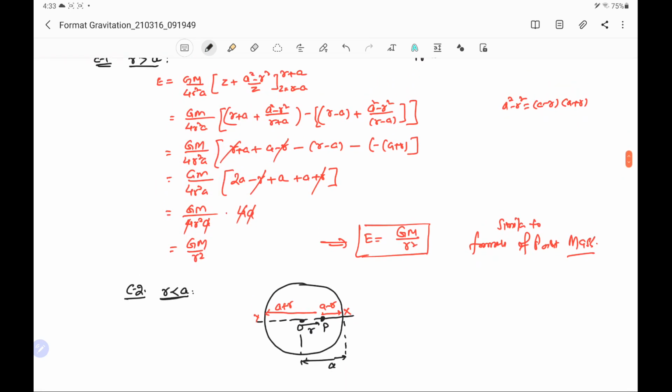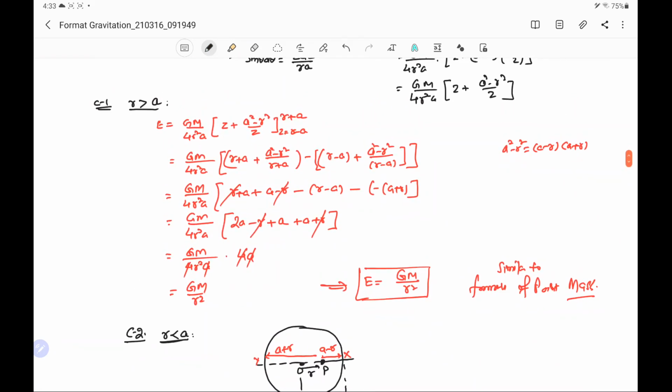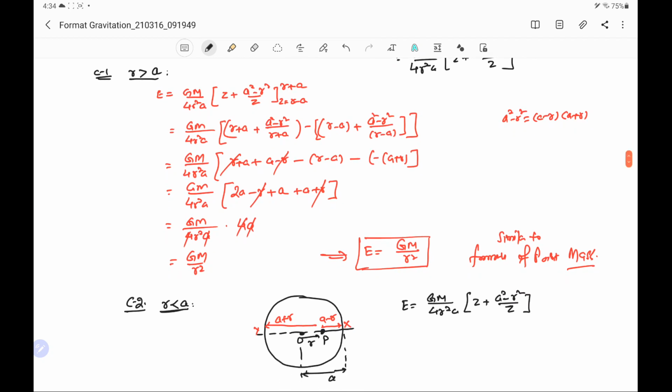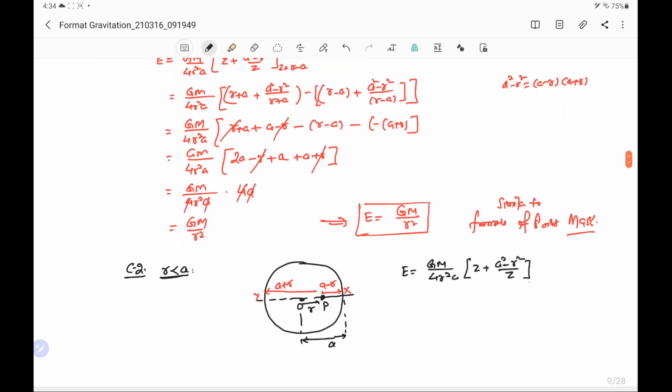Our formula for the gravitational field was GM by 4r square a, z plus (a square minus r square) by z. This is the formula we are using. Now we have to put the limits, if the point lies inside the spherical shell, from a minus r to a plus r, and we solve it.